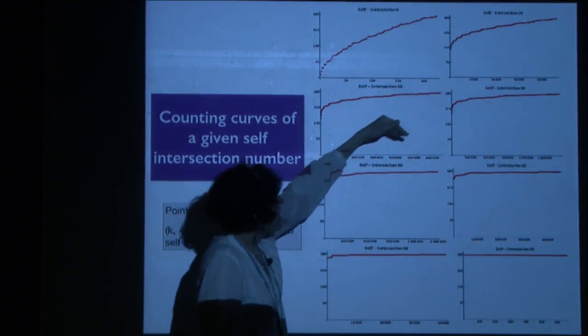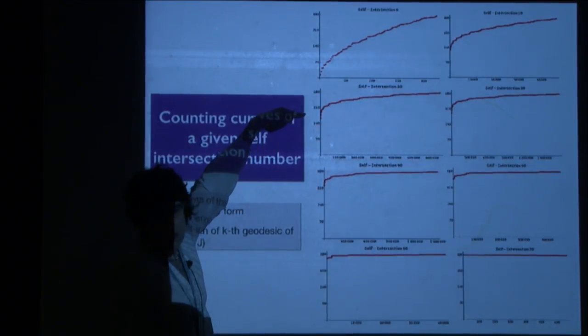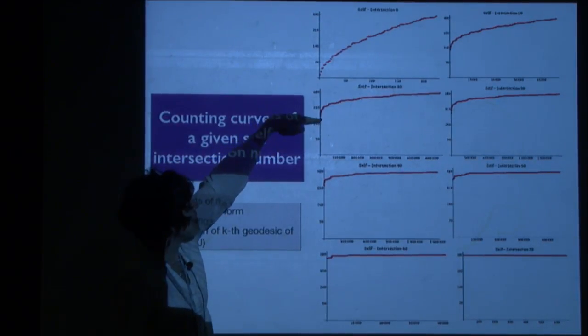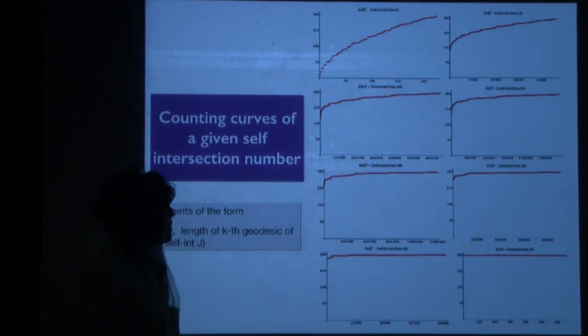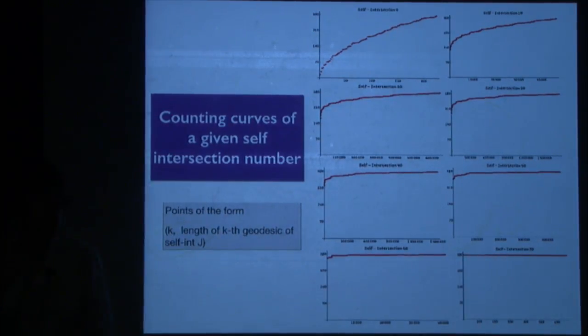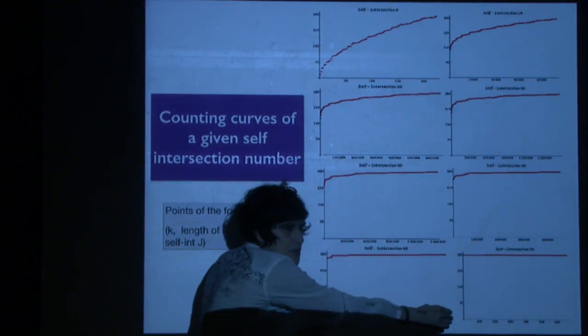It has a minimum because, in these hyperbolic surfaces, we have a shortest curve of self-intersection K. So this cannot start at 0. It starts here. And the fact that this looks so flat is a little misguided. I put it just to put everything, but there are very, very few curves here.